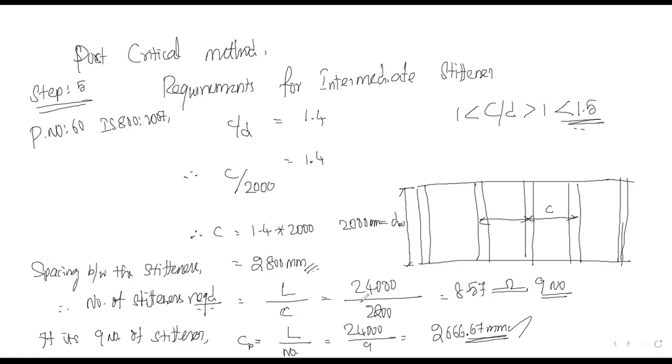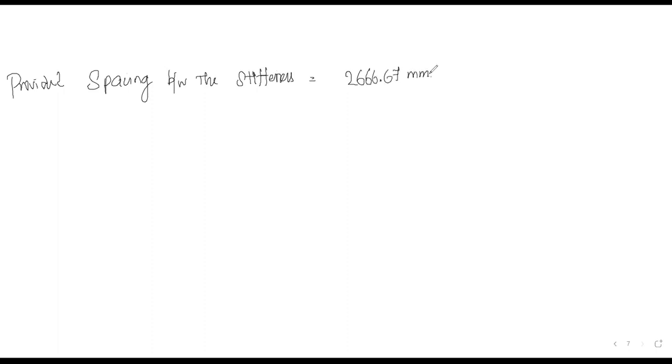So this is the spacing provided between the stiffeners, 2666.67 mm. Now we have to calculate with respect to C by D value.